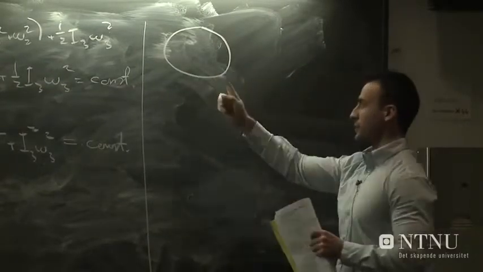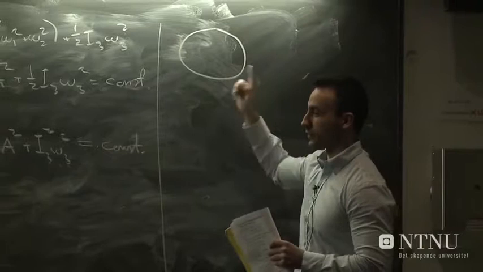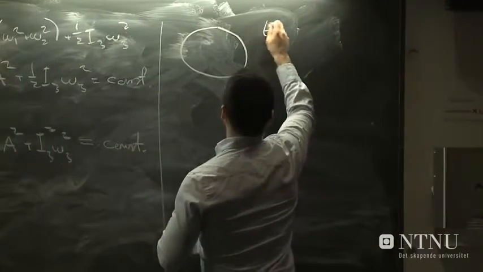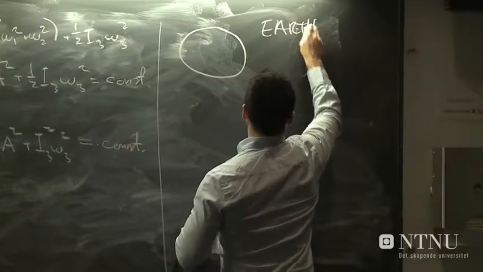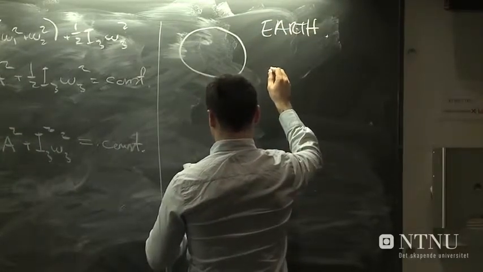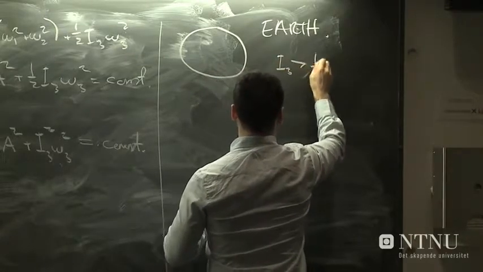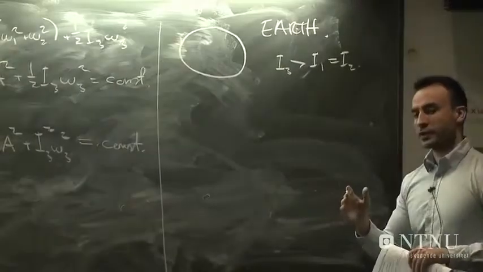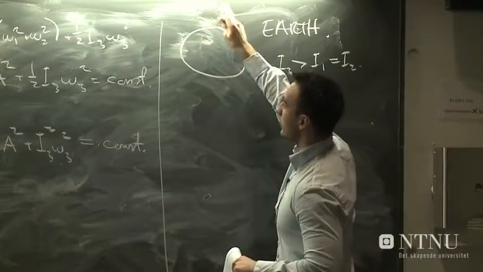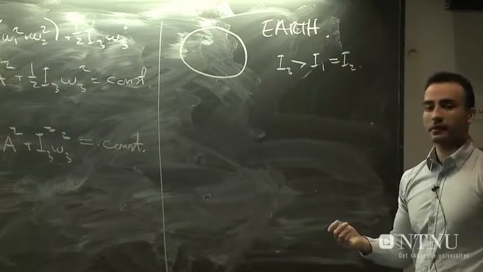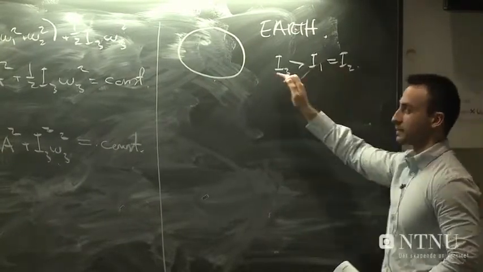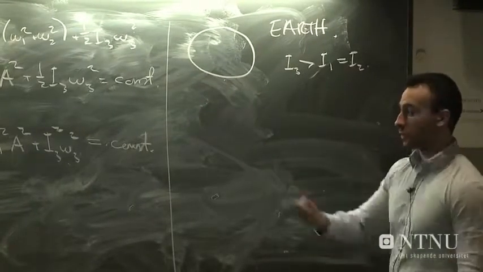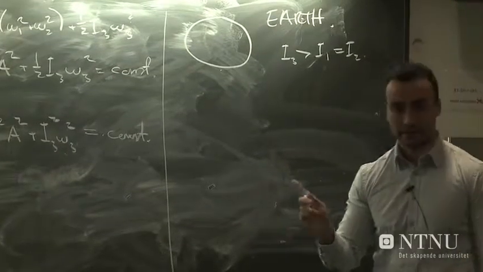Yeah, so this is supposed to represent a situation where we have this symmetry in the plane. In which case, the main moment of inertia along the z-axis here, you have a north pole and south pole, is larger than the moment of inertia in this plane. So according to this analysis, the Earth should in fact precess.